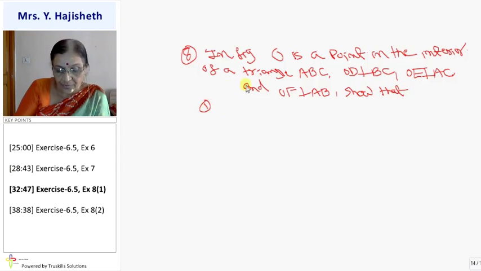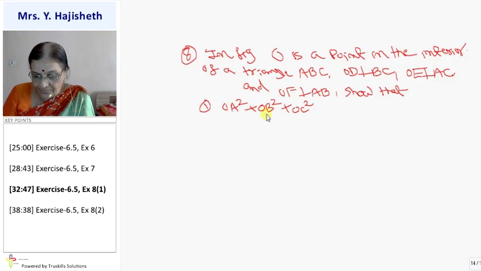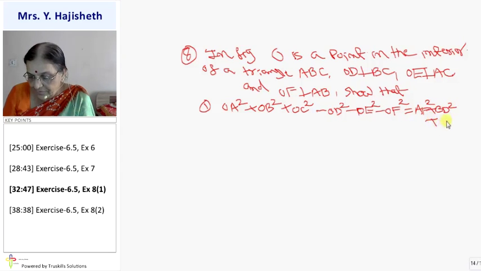I am asked to prove, show that, the first part I have to prove is OA square plus OB square plus OC square minus OD square minus OE square minus OF square is equal to AF square plus BD square plus CE square.